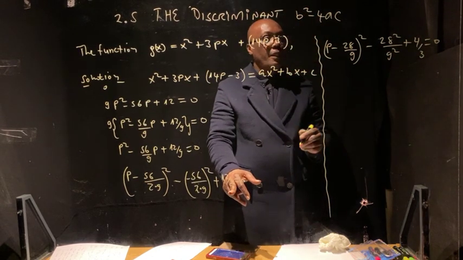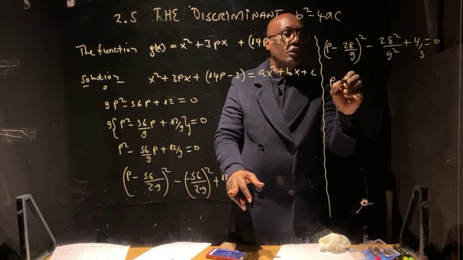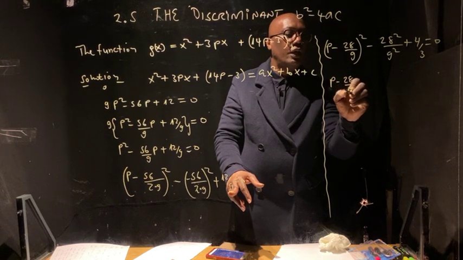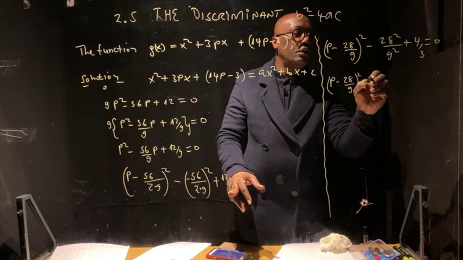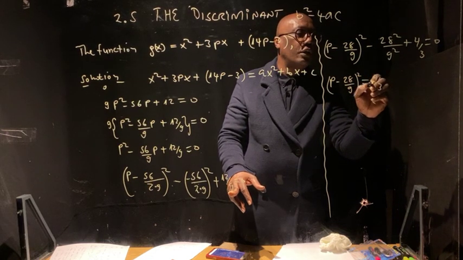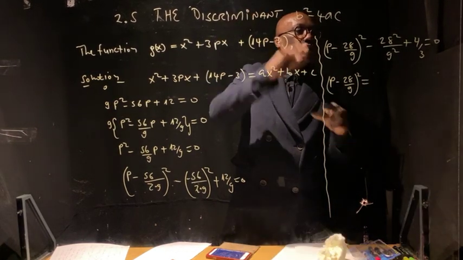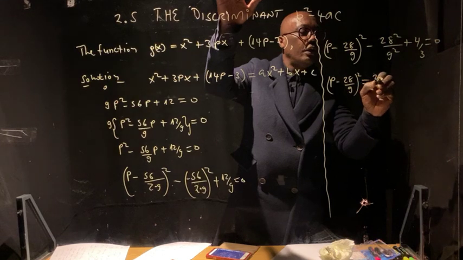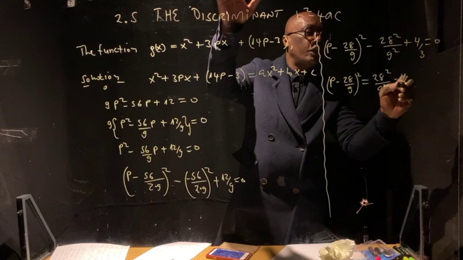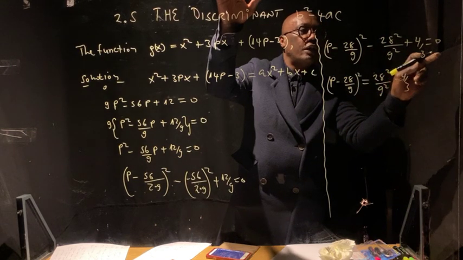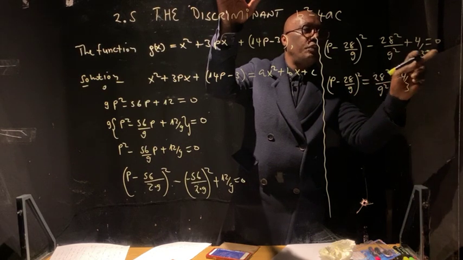Good. Then we have (p minus 28 over 9) squared equals 28 squared over 9 squared minus 4 over 3. We put this one to the other side: being negative here, it became positive there, and being positive, the other became negative.